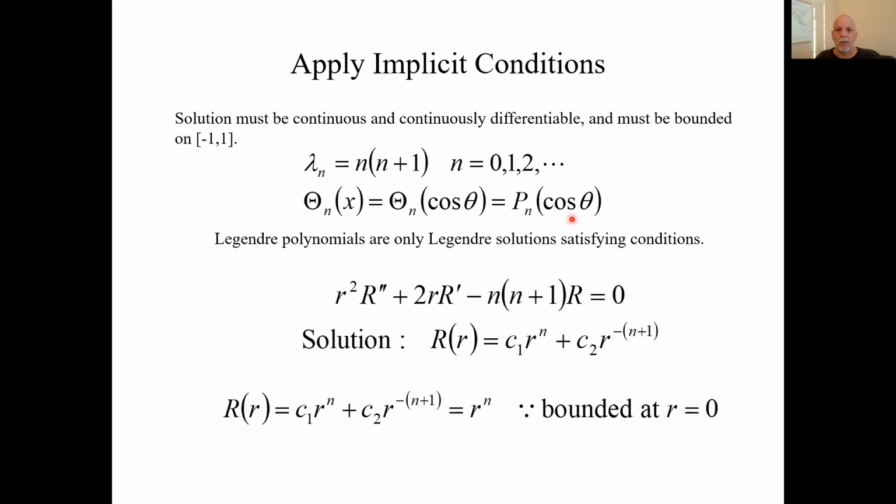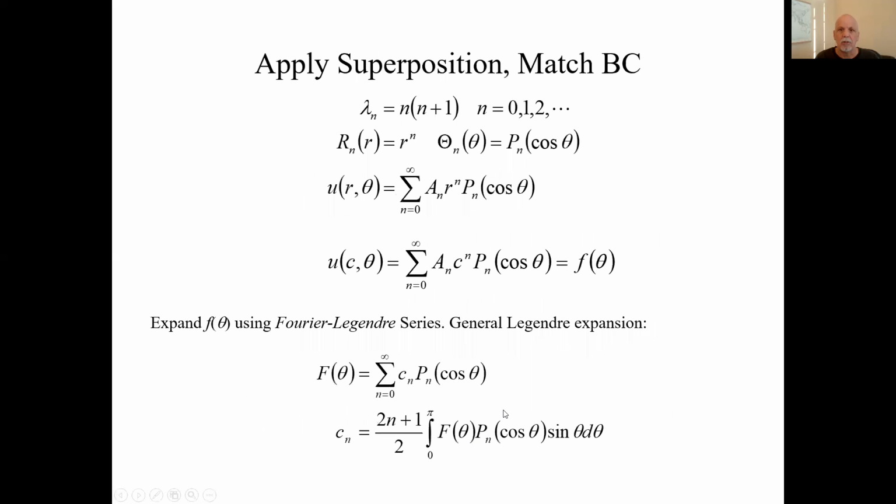So now we've got everything. Our U sub n is going to be this P sub n times R to the n. Sum it up over all possible n's. And here is our general solution with these yet to be determined coefficients, the A sub n's.